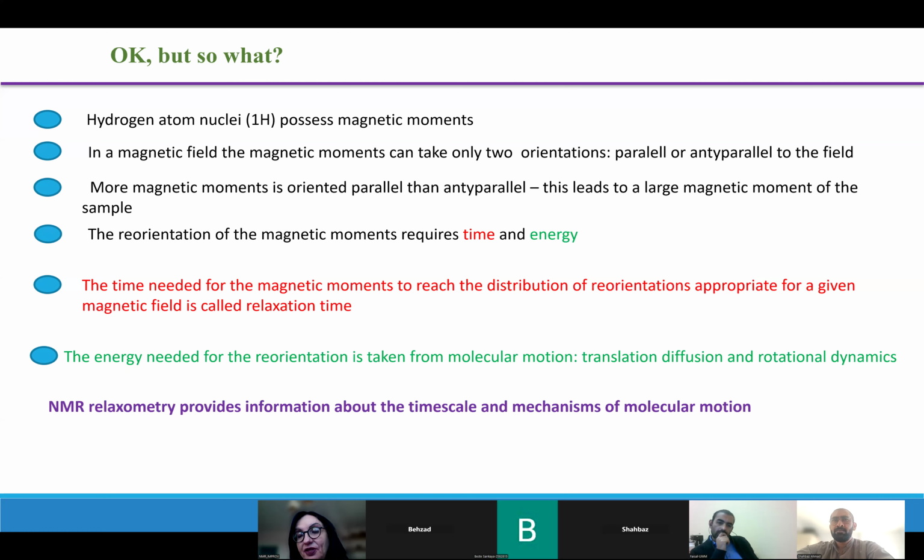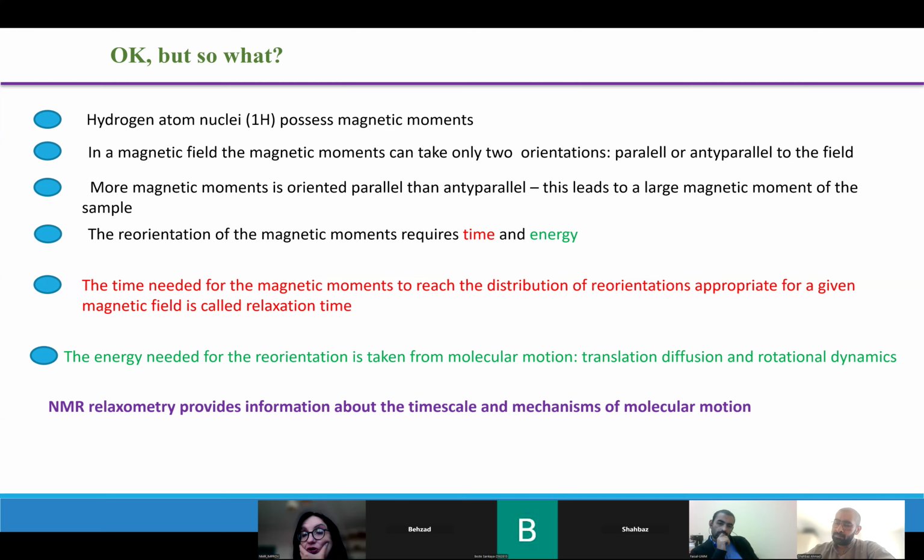Let us stay with the simple picture that some of the magnetic moments are up. So the parallel orientation is associated with lower energy, looking at point 3. The anti-parallel orientation is associated with higher energy.